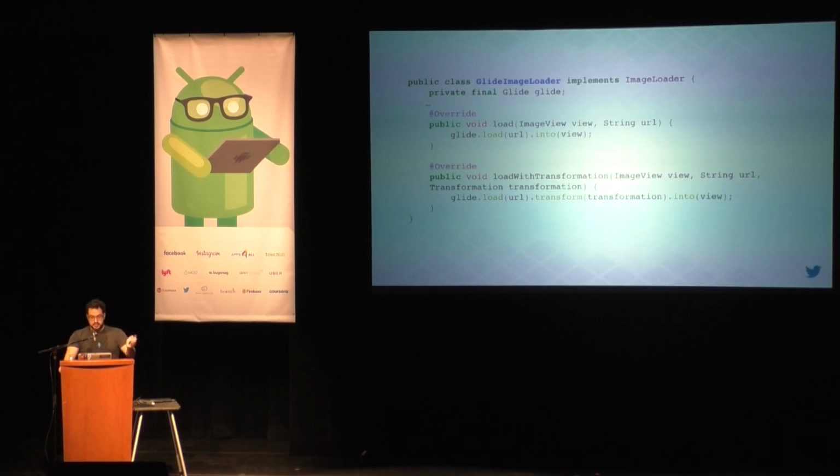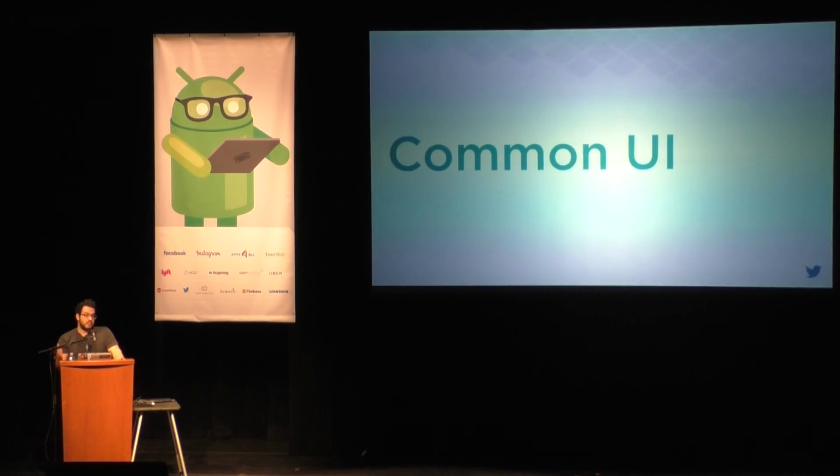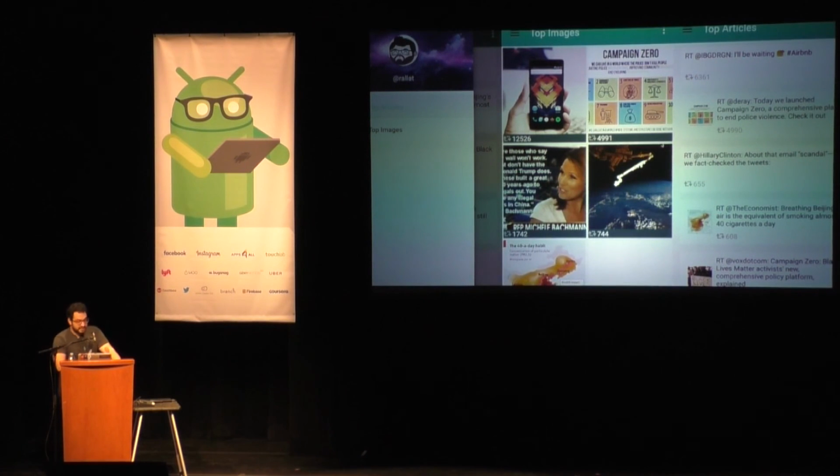My second advice is, let's talk about the common UI, because most applications have common UI. In this case, I have as common UI the drawer layout and the toolbar, right?